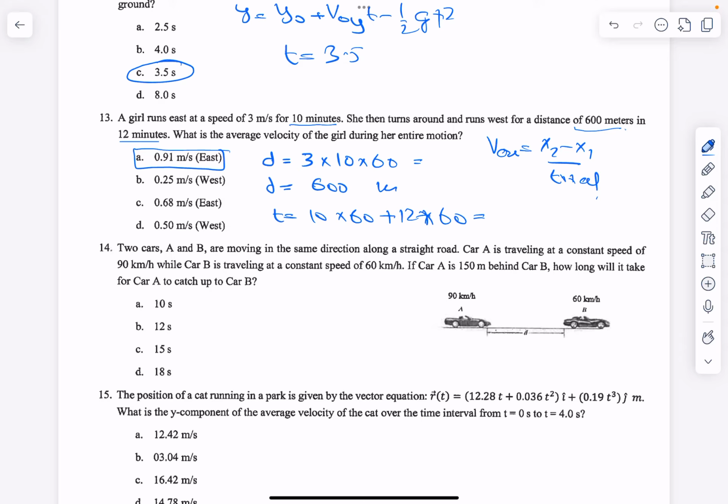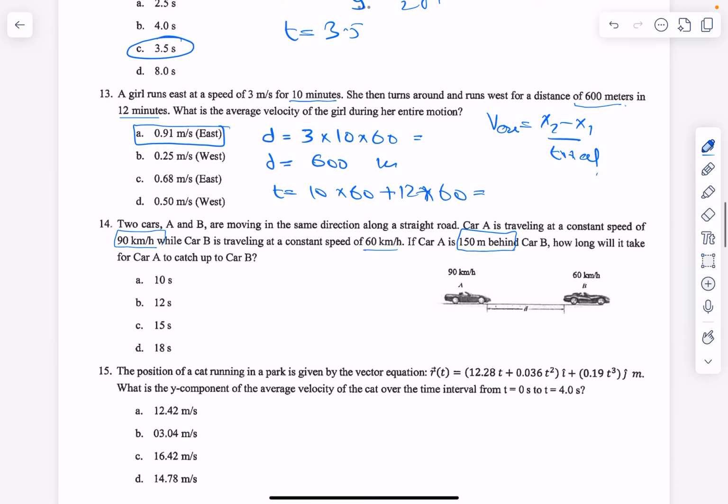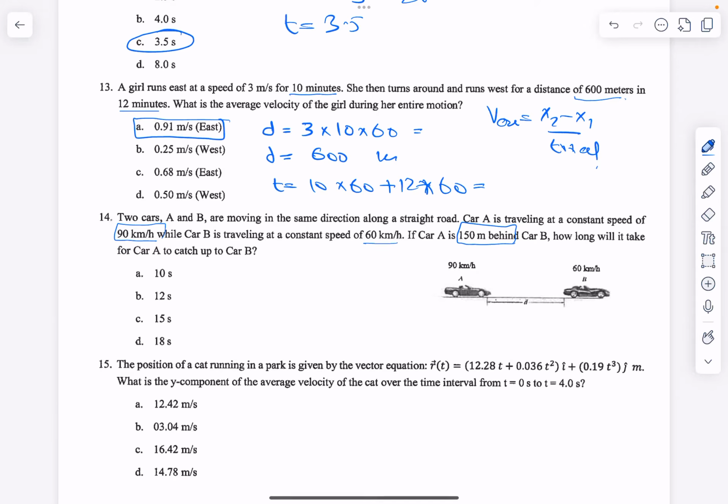So two cars A and B are moving in the same direction along the road. Car A is traveling at a constant speed of 90 km per hour, and car B is traveling at a constant speed. If car A is 150 meters behind car B, how long does it take to reach it? So for car A, the velocity is 90 kilometers per hour, which is 25 meters per second, and for B it is 60 kilometers per hour.